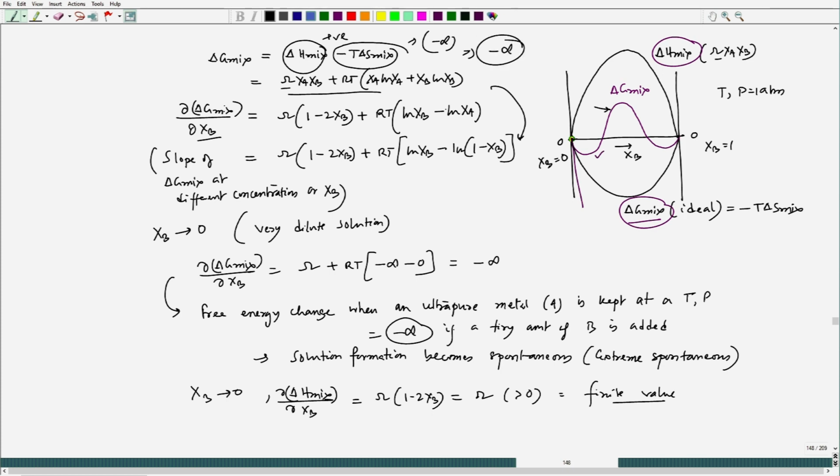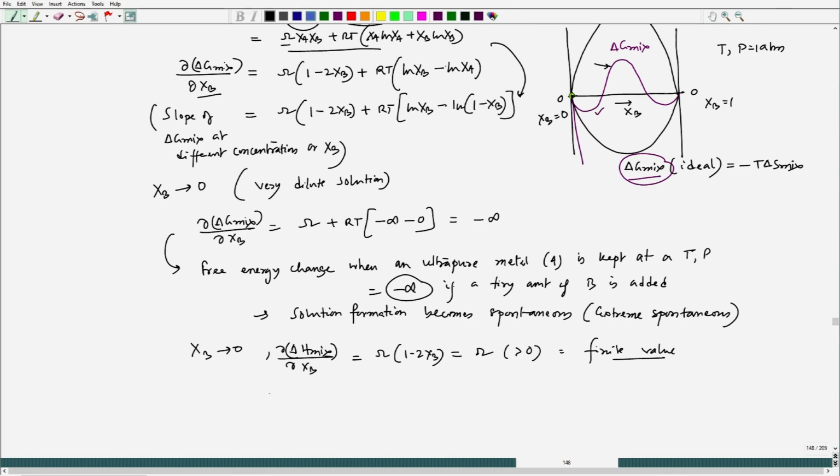Fine. So, I am talking about the slope. Please understand that this is a slope part. So, the change also becomes negative infinity. Now, if you recall, we have already seen that delta G partial molar of B tends to minus infinity if Xb tends to 0.